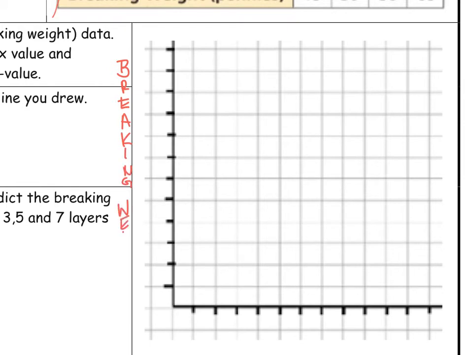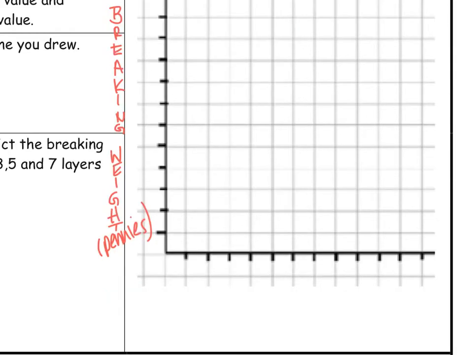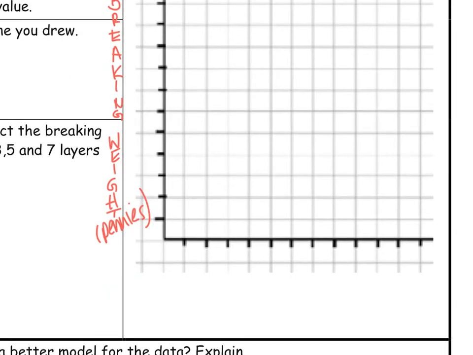And that breaking weight is being measured in... no, it's being measured in pennies. And then our x-axis down here is our thickness. And how are we measuring that? We're measuring it in layers.